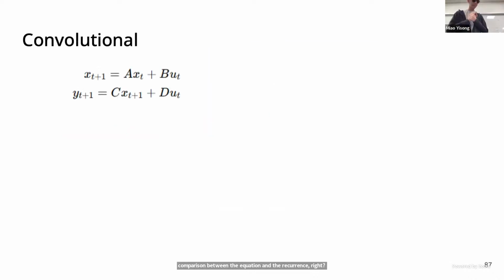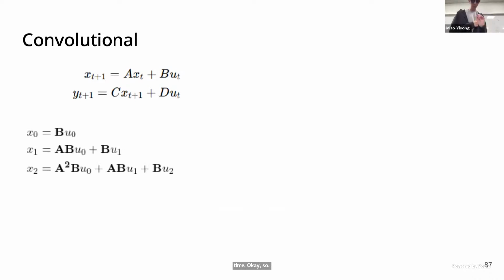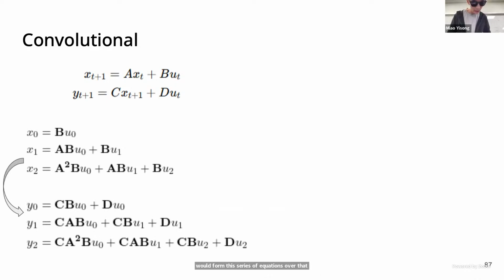Okay, so to turn it into a convolutional form, we have these two equations. If we want to write out x, it would form this series of equations on the left. And if we want to write out and expand y and substitute in the values of x that we previously computed, we would see that equation.